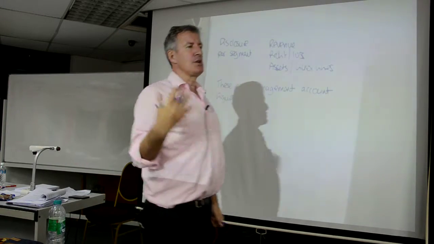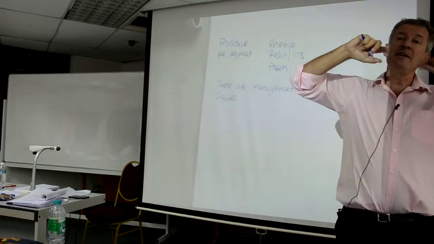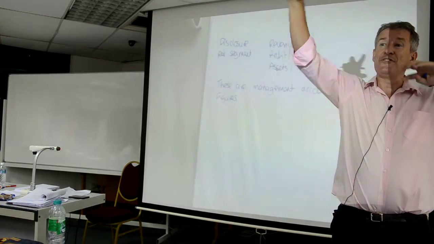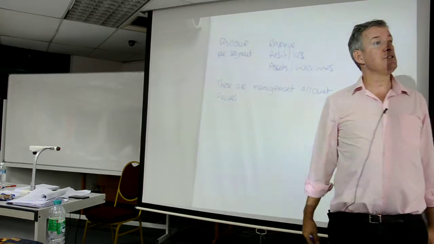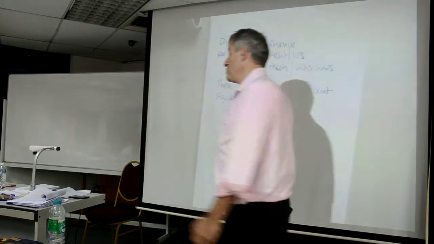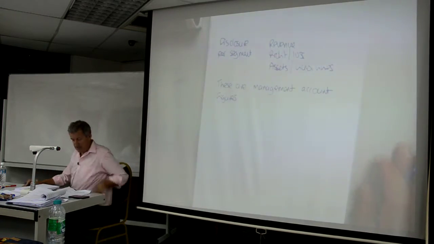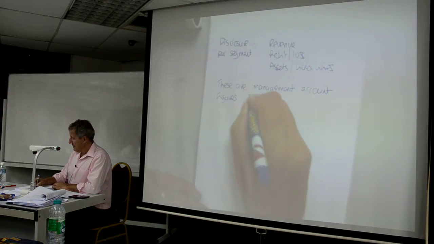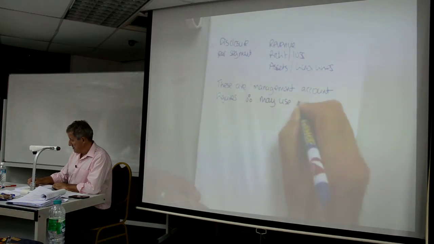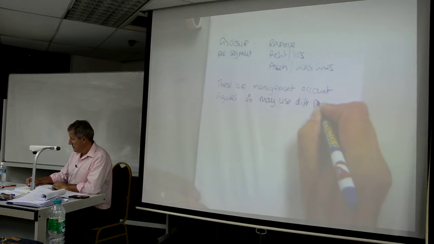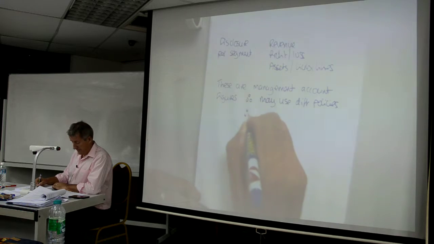So the point that I'm trying to make is, if you're looking at management accounts, they may not very easily reconcile with the figures in the financial accounts, and they could use different policies.